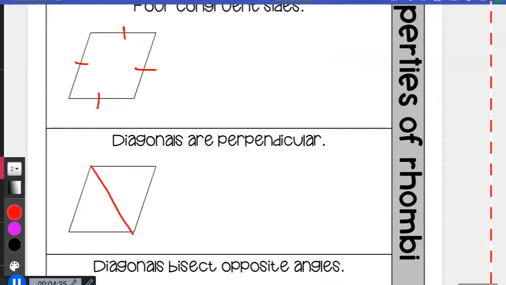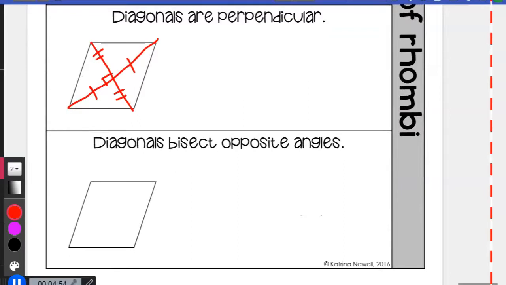Diagonals still bisect each other, but here they hit at a perpendicular. So they bisect and they're perpendicular. Now the diagonals aren't the same like they were in rectangles, because one is going to be much longer than the other.